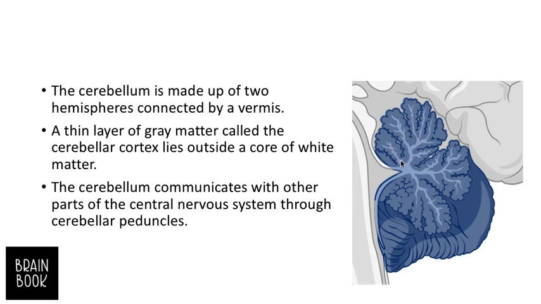Here in the core we have white matter, and on the outside we have the gray matter. The cerebellum communicates with other parts of the central nervous system through the cerebellar peduncles that come here and connect to the cerebellum.